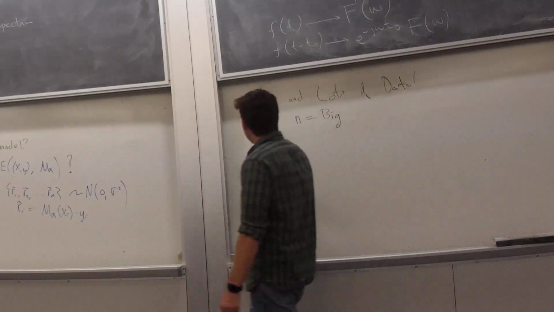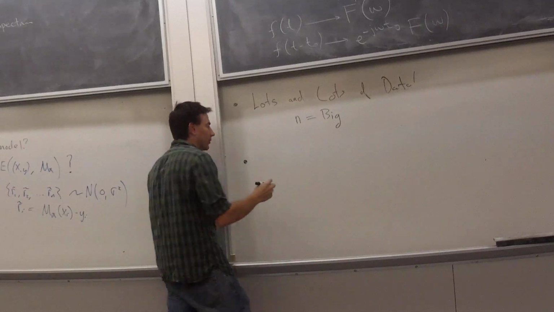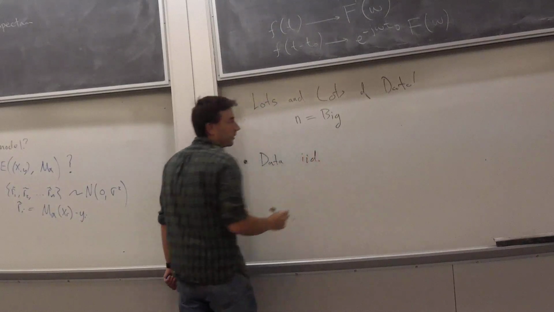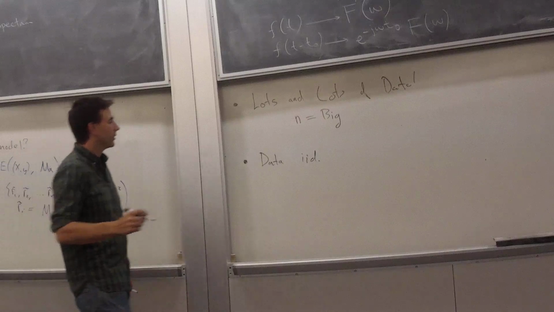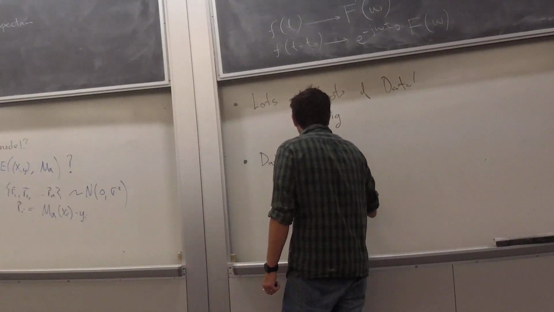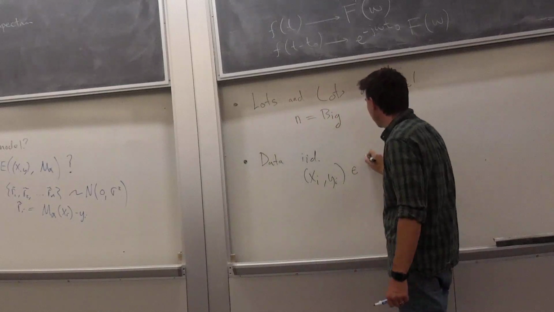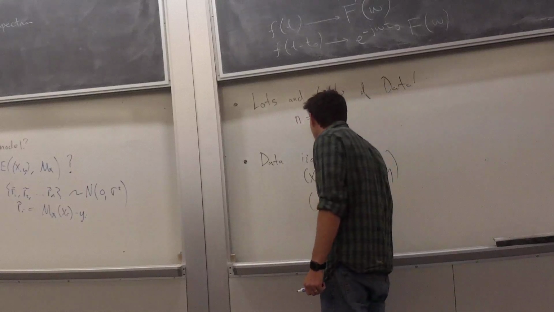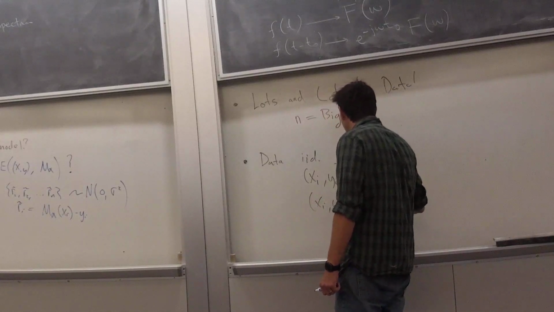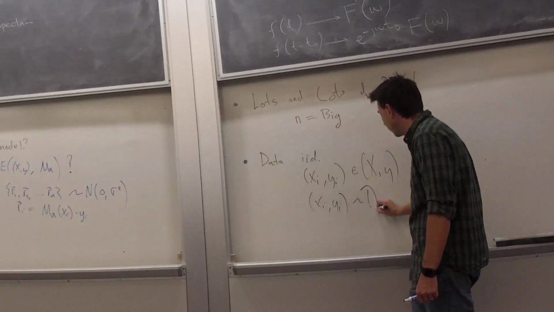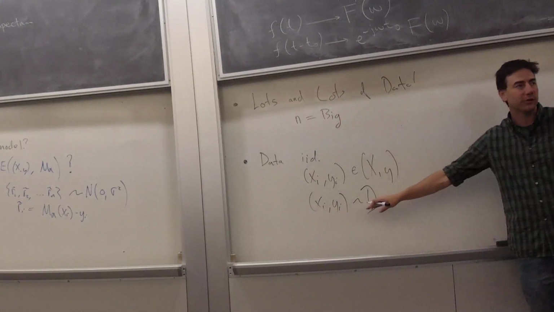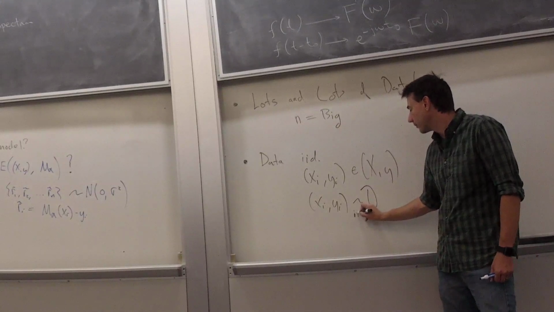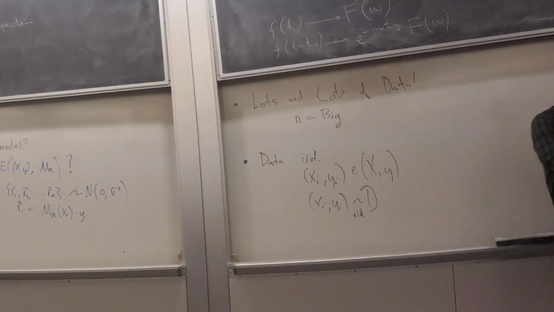Okay. The other important aspect that is necessary to make this work is that it's assumed that the data is IID. So it's assumed that each data point in X, Y is drawn from some unknown distribution, and they're all drawn IID from the same distribution.